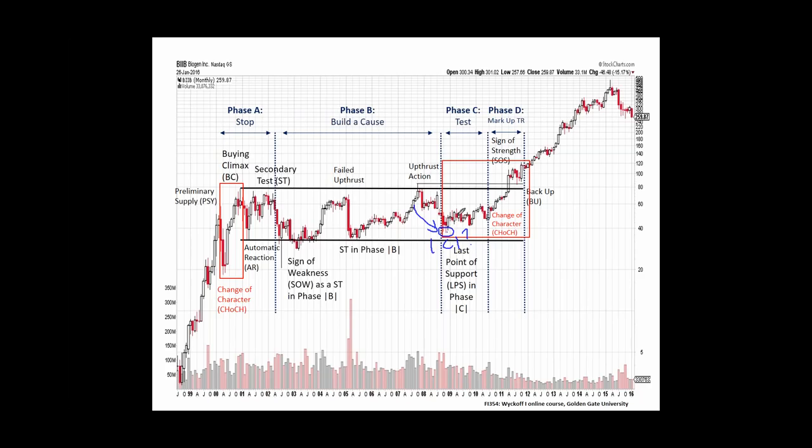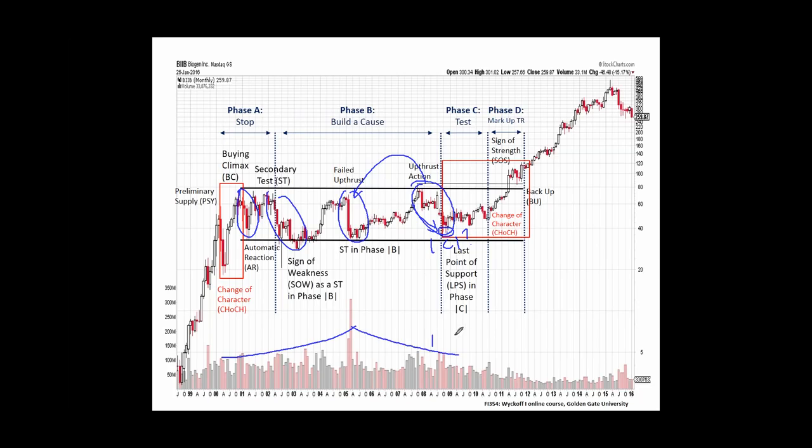So we want to catch that, as it shows the final absorption of the supply. Therefore, our analysis would look into this area right here and how it compares to, let's say, previous points of supply that we've seen in the trading range. And we want to see that contraction of the supply after the expansion of the supply.